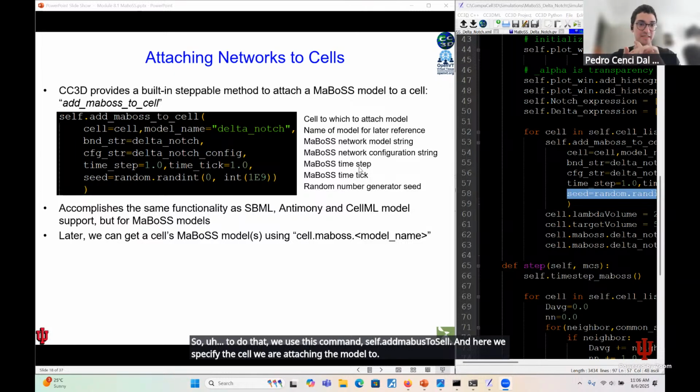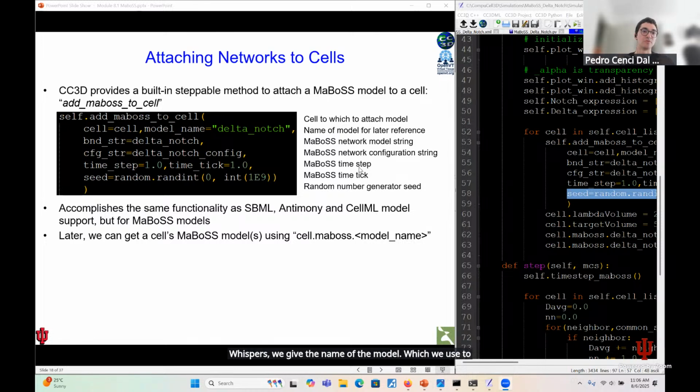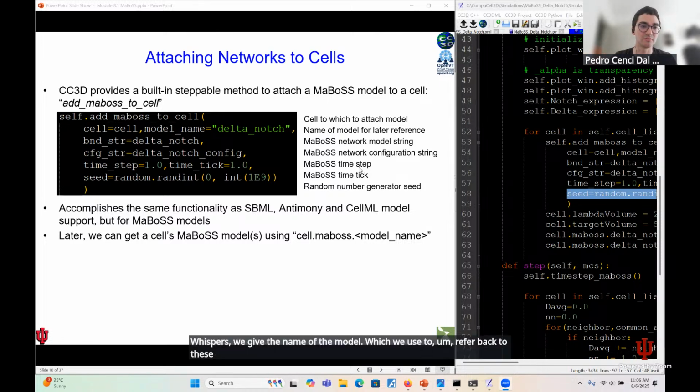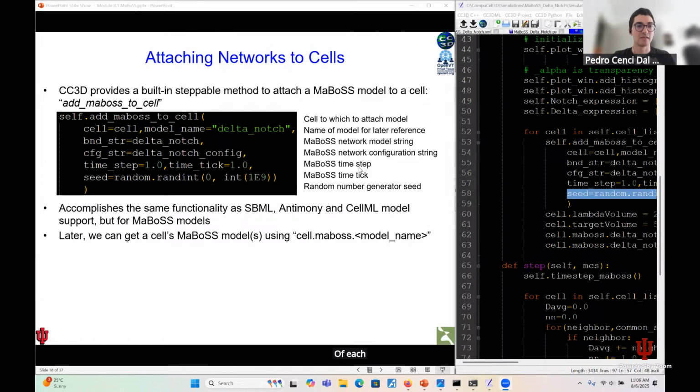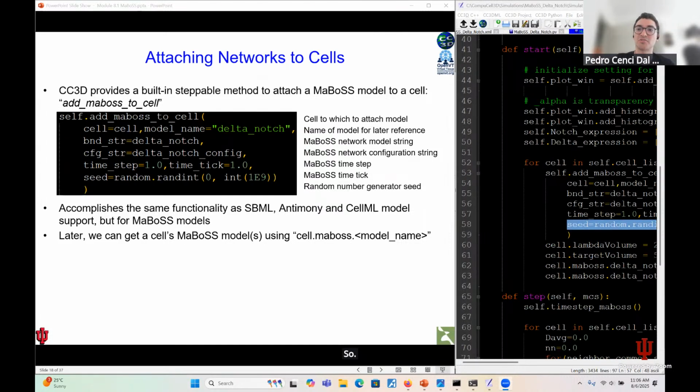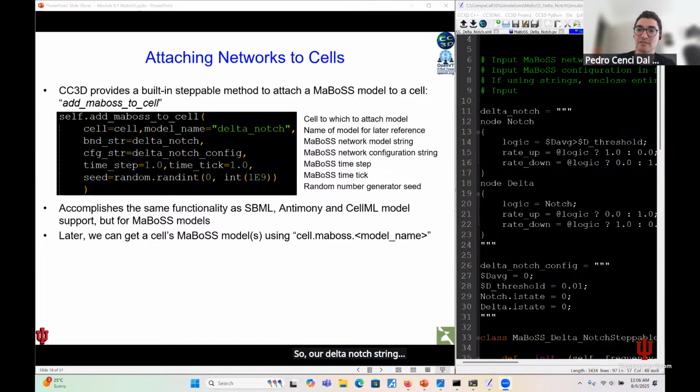We give the name of the model, which we use to refer back to this network model of each cell. Then we pass the string of the model structure. So our delta notch string here is the model structure, and we are also passing our config structure.